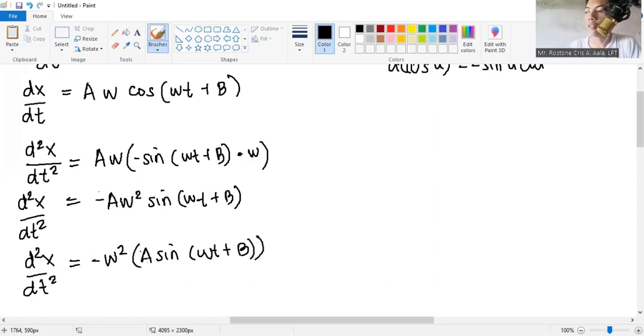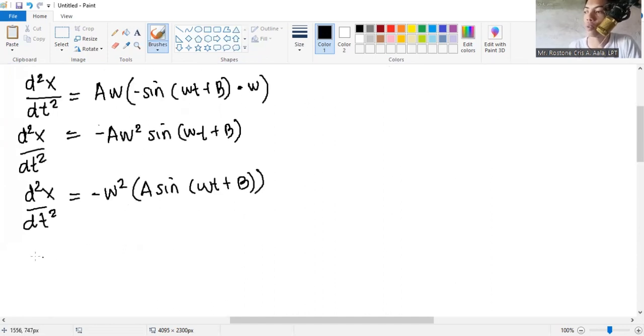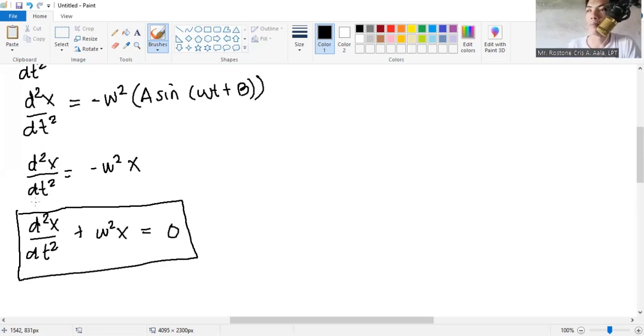Okay? So etong a sine wt plus b, yun po yung ating nasa given, which is x. So pwede natin tong palitan ng x. So we have d squared x over dt squared is equal to negative w squared x. So pwede po yun. And then we have now d squared x over dt squared. Itatranspose natin ito sa left side, magiging plus w squared x is equal to 0. So na-eliminate na natin yung constants A and B. Ito na yung ating differential equation na ating hinahanap.